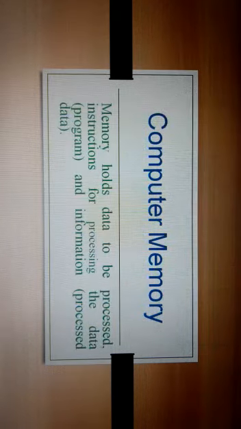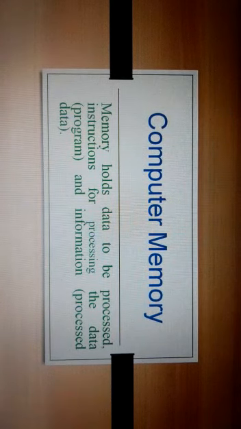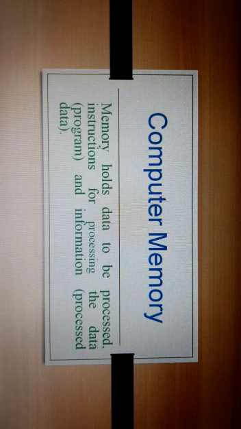Now, simply, what is memory? Memory holds data to be processed, instructions for processing the data, that is the set of programs, and information, meaning processed data. So basically, what does memory hold? Memory holds data that is supplied by the user and that is to be processed, also instructions that carry out the processing, and information.